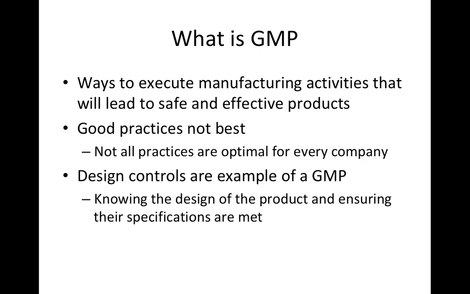It can lead down different roads, right? Maybe one company is going to say, hey, you know what, we want to do 3 sets of controls. We're going to sample 4 or 5 different samples from every single batch, and that's the way we're going to maintain our manufacturing process. Another company might say, you know what, we only need 1 control and we only need to test 1 sample per batch, right?